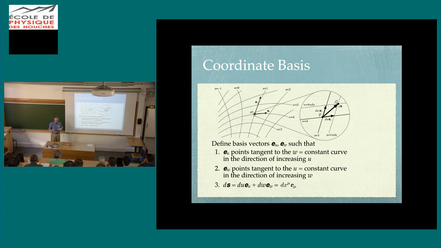Okay, that's one assumption. The only other assumption I'm really going to make is that our coordinate systems are smooth in the sense that nearby points in space and time have nearly the same coordinates.